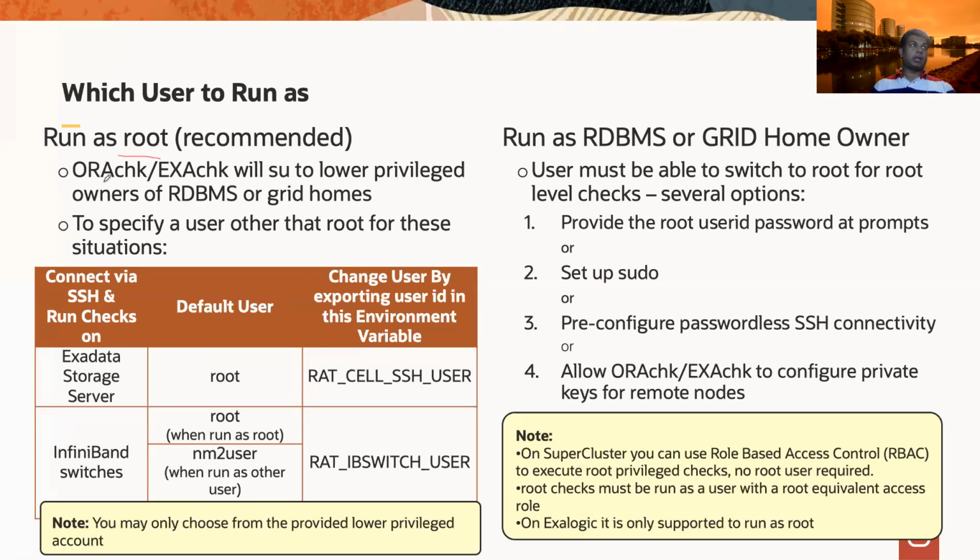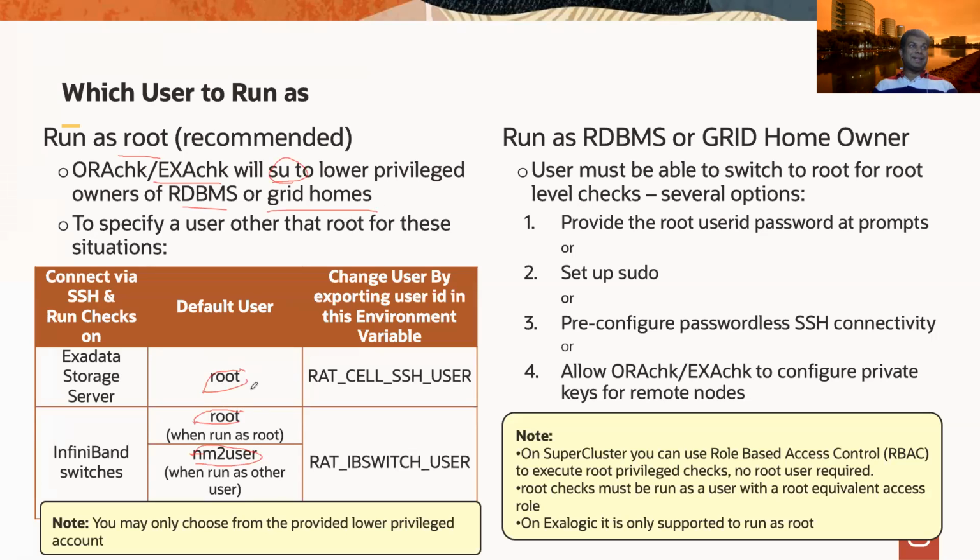By default, Exachk will sudo to the lower level privilege owners, which is basically the RDBMS or GI homes. And by default, for Exadata storage, it will also use root. For InfiniBand switches, it will use root, or it will use the nm2 user when it's run as any other user.